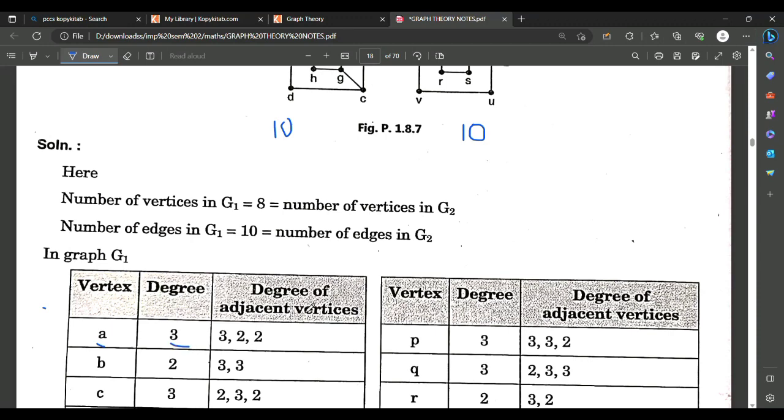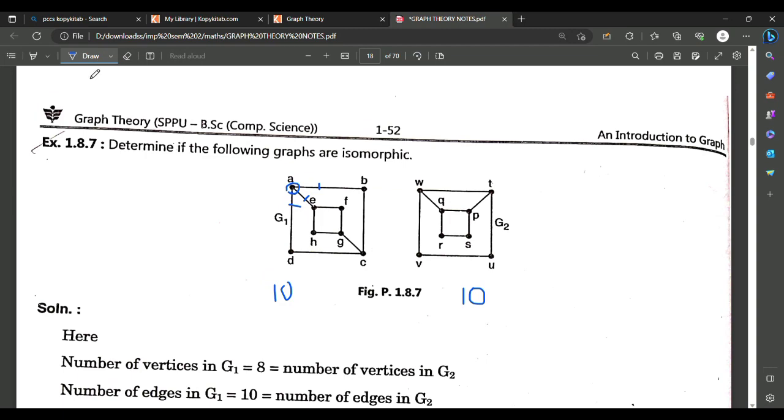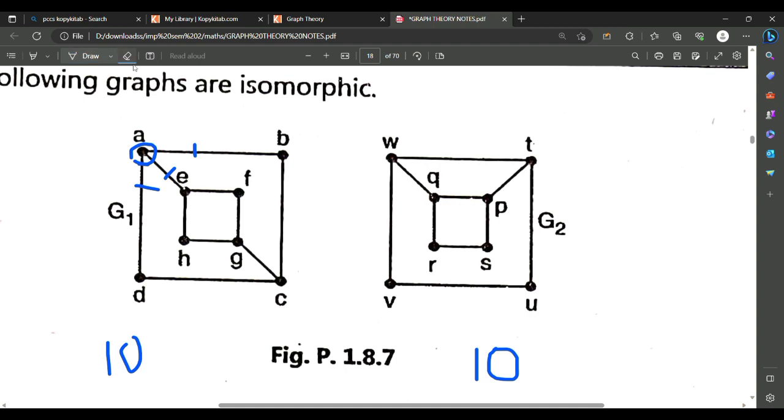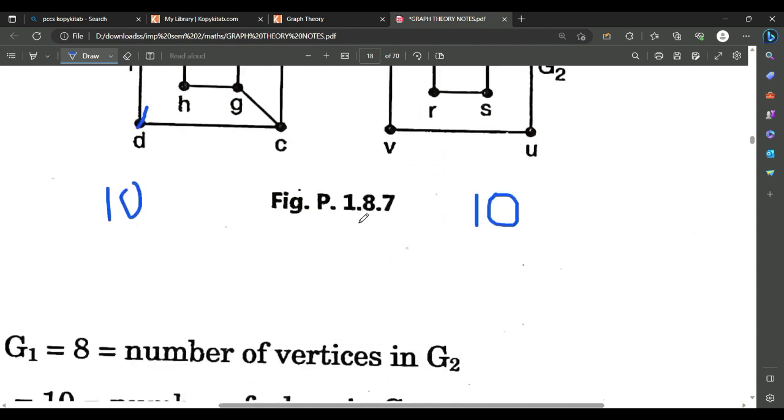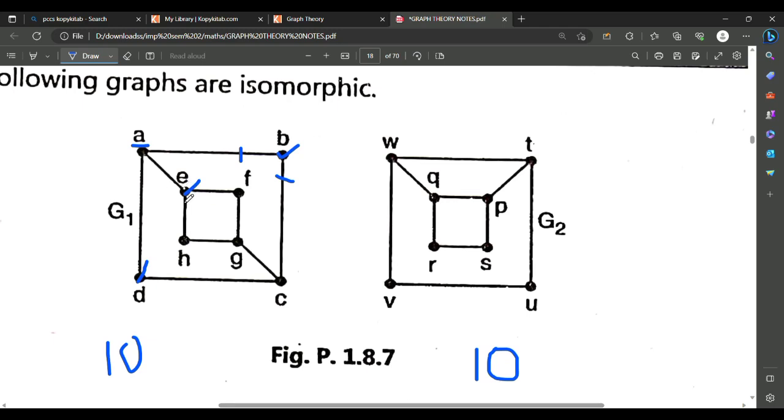Now the adjacent vertices of A are B, D and E. Now we will check B. Here the degree of B is 2, the degree of E is 3, and for D it is 2.